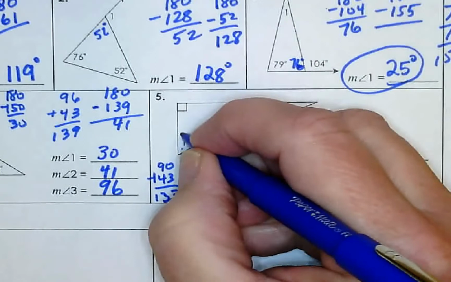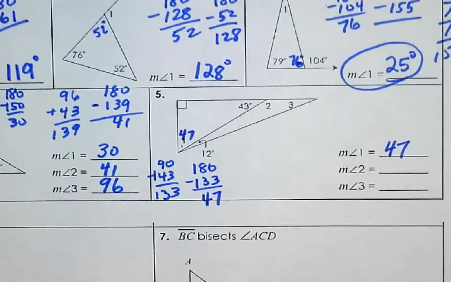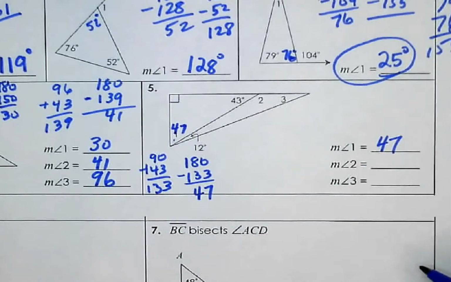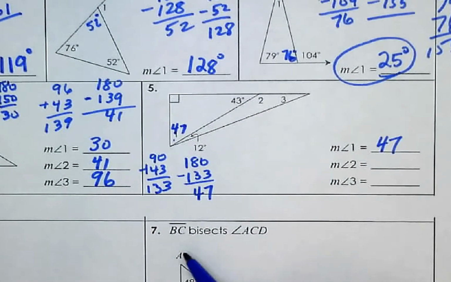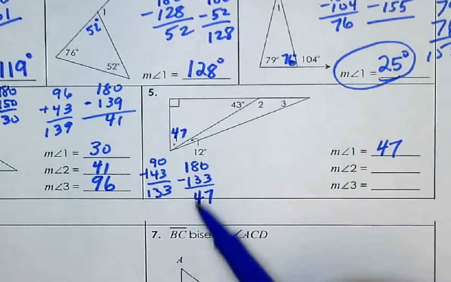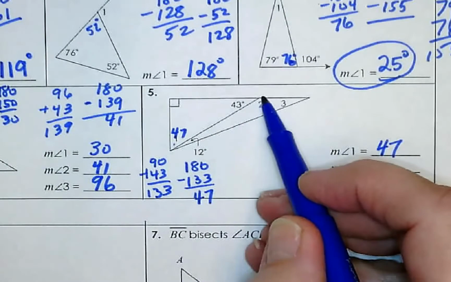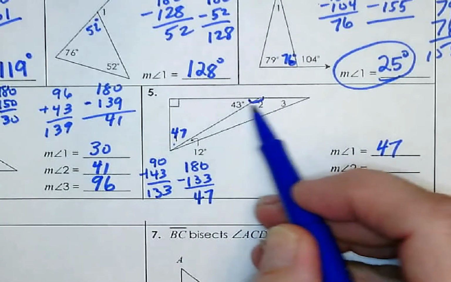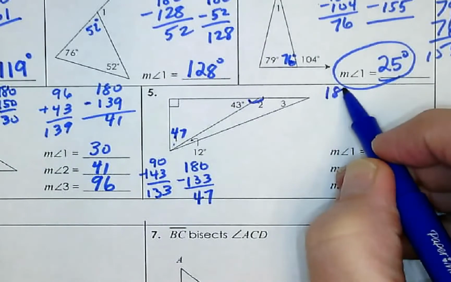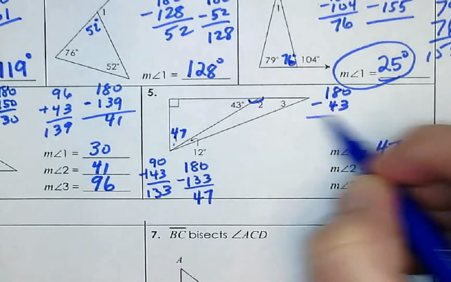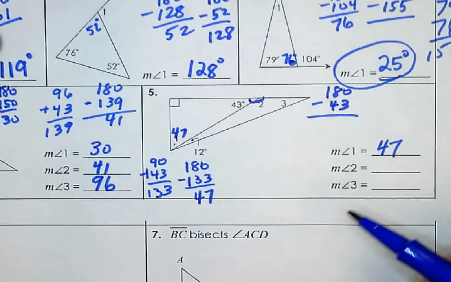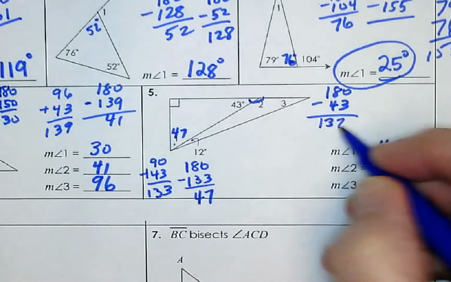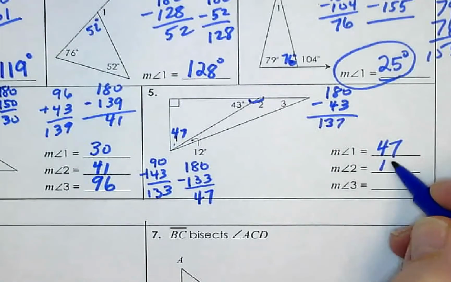Put that right in there. Okay, then you can figure out either 2 or 3. So 2 is going to be a linear pair. Remember, linear pair are these two here that form a line. So 180 minus the 43 is going to give me 137. So angle 2 is 137.